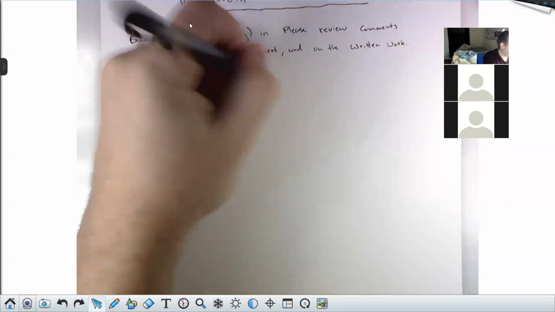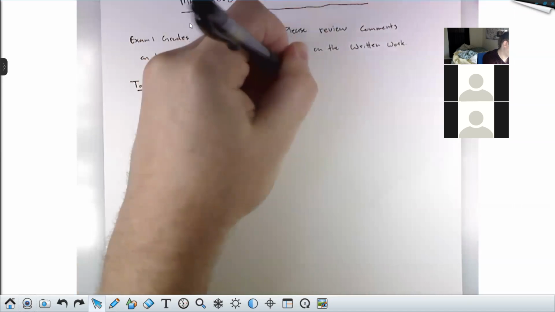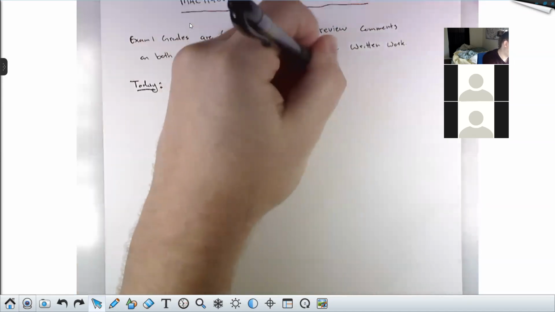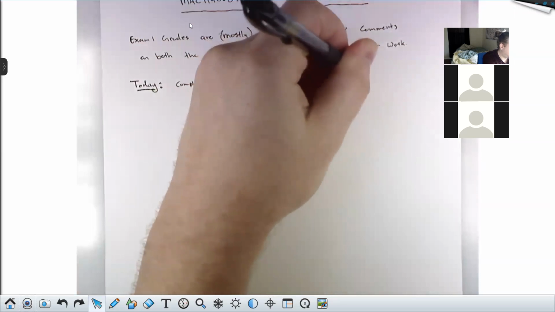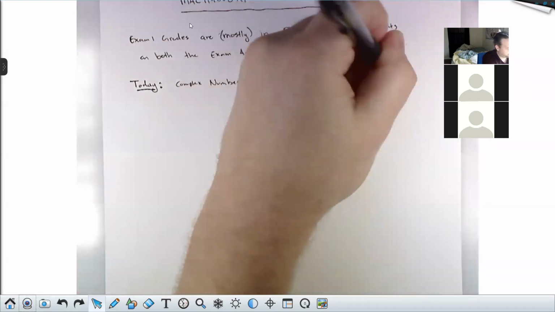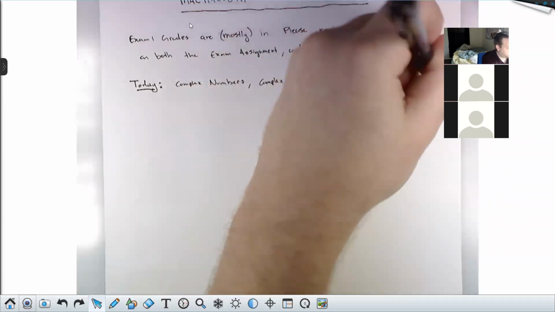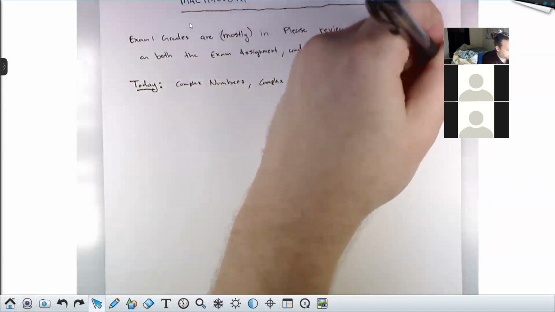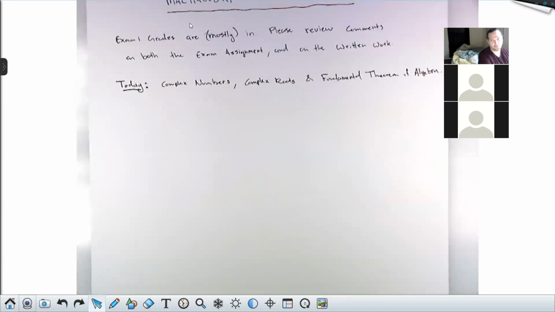And then we're going to talk about complex zeros or complex roots and the fundamental theorem of algebra. In mathematics, when you see the word theorem, we're talking about an important true statement. When you see the words fundamental theorem, that should be like a big red flag, right? This is a big deal.